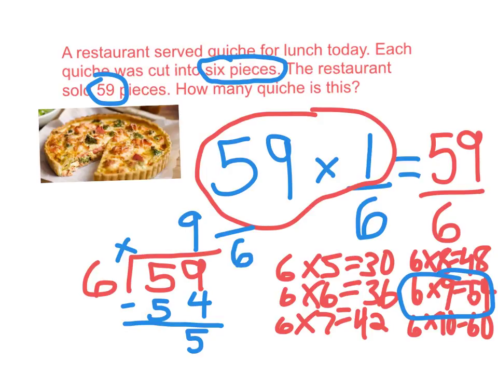So 6 becomes the denominator, and the remainder, which is 5, goes in the numerator. So the answer is 9 and 5/6. So the restaurant served 9 and 5/6 pieces of quiche.